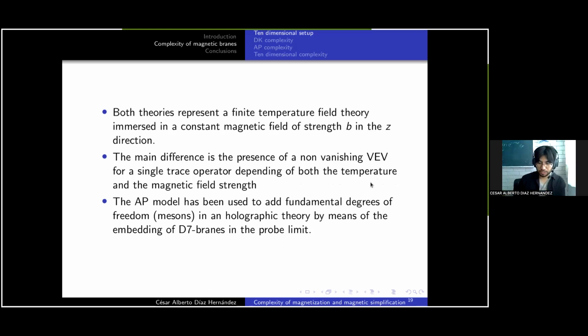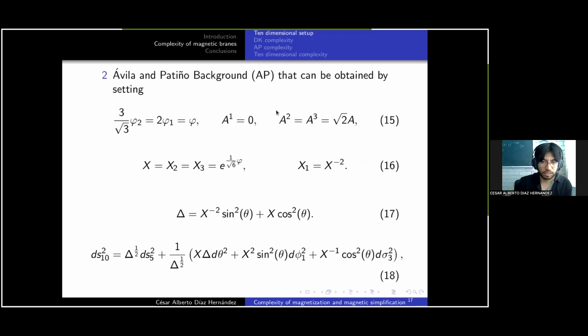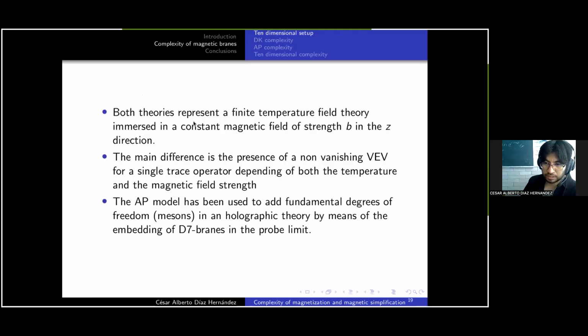The main difference in these two backgrounds is the appearance of a scalar field in the AP model. This scalar field will be dual to a non-vanishing vacuum expectation value of a single trace operator. And this VEV will depend on both the temperature and the magnetic field strength of the theory.